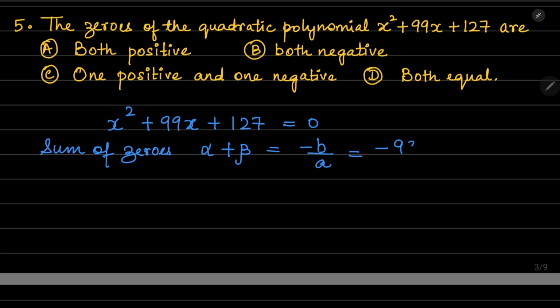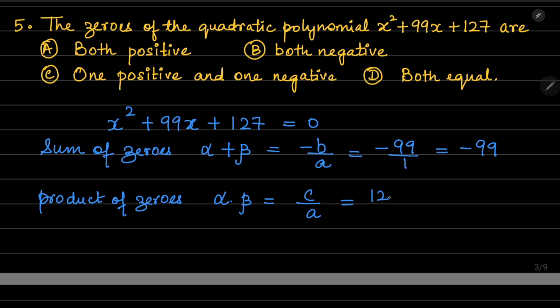So minus 99 divided by 1, because your a is 1. So I'm just going to write minus 99. The product of the zeros, alpha into beta, will be c by a. What is c? 127, and a is 1. So 127.